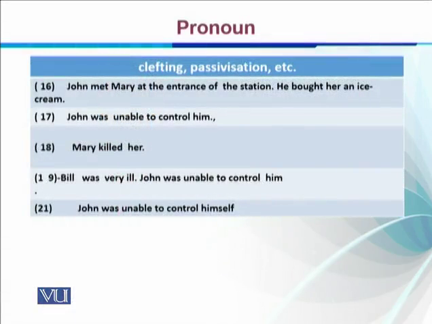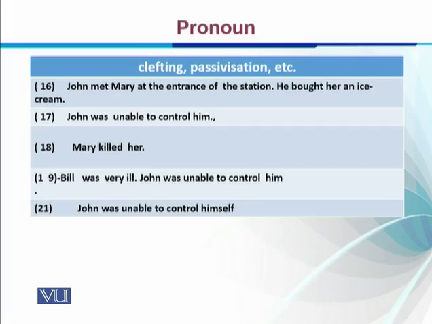John met Mary at the entrance of the station. He bought her an ice cream. So John was unable to control him. So we have used him instead of a noun phrase. Mary killed her. So her is used for some noun which is outside this sentence.